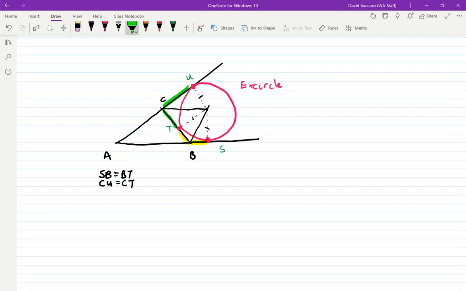And then the other distances which are the same are AU and AS. These are all tangents from the same point.